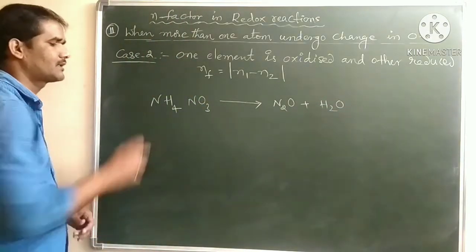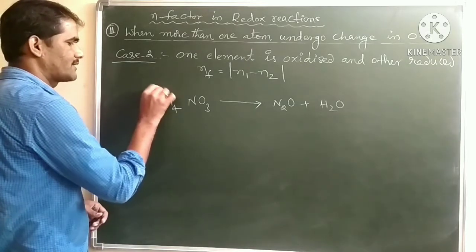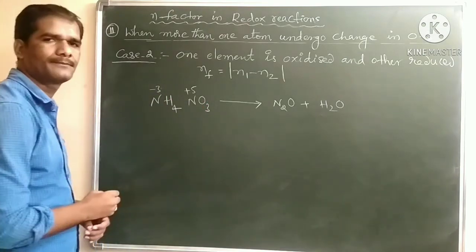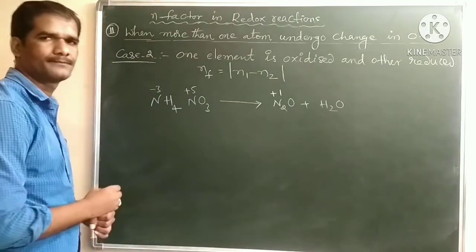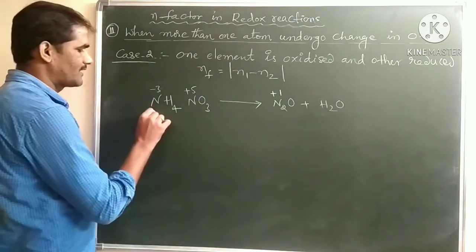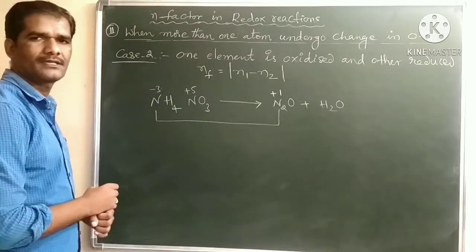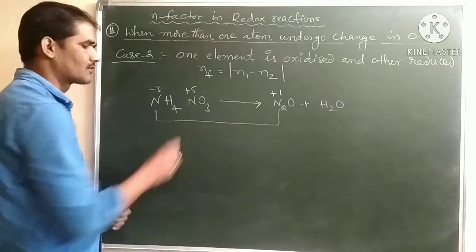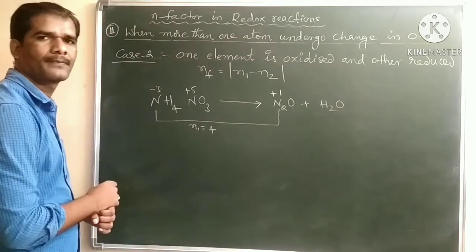Let us assume here in ammonium nitrate, nitrogen oxidation state here is minus 3 and the nitrogen oxidation state here is plus 5, and in this case nitrogen oxidation state is plus 1. Now one of the elements, nitrogen, goes from minus 3 to plus 1. So what is the change? Minus 3 to plus 1? 4. So here let us assume N1 is equal to 4.